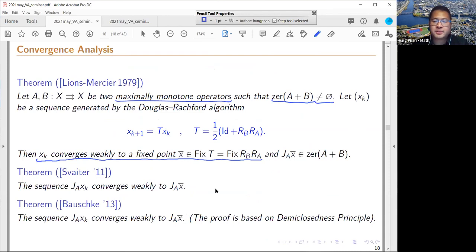And from that fixed point, the resolvent of A of that fixed point will be the solution to the required problem, okay? The zero of the sum of two operators.